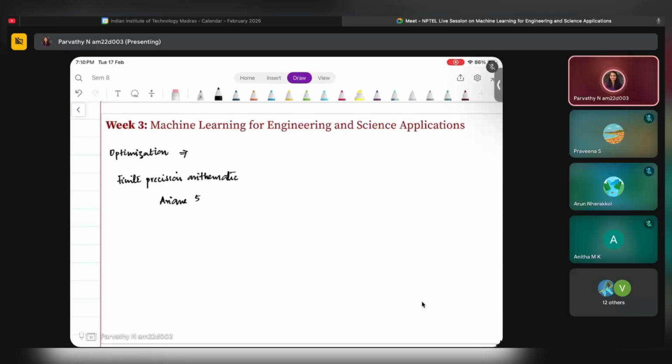I hope many of you are from a computer science background. When you do programming, you come across values like NaN, not a number, or infinity. These are errors which show that the computer cannot represent that number because of some limitation.